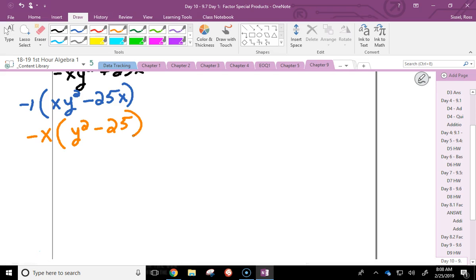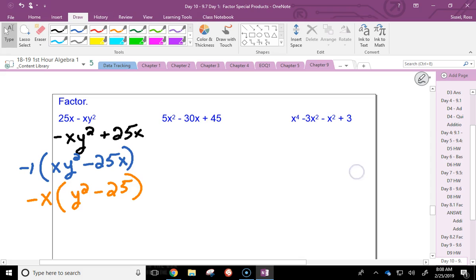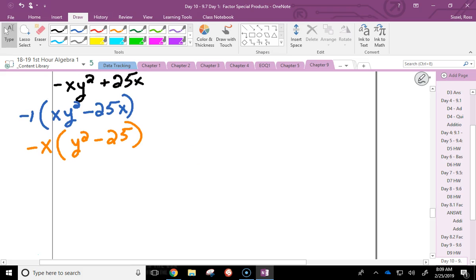Can I simplify this at all? Well, is this a square of binomial? A difference of squares. Yeah. So that's the thing we're going to look for. When I get down to two terms, I'm always going to look and say, can I take the square root of the first term? Can I find the square root of the second term?